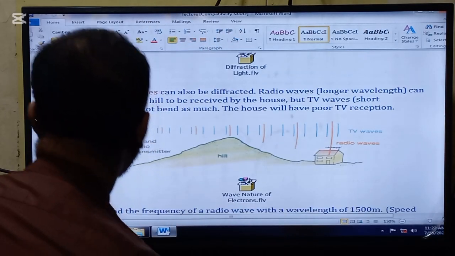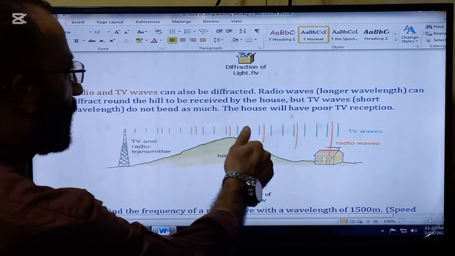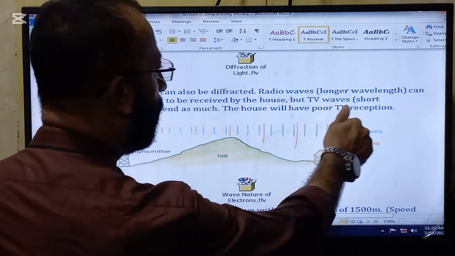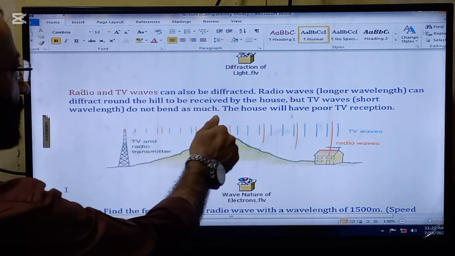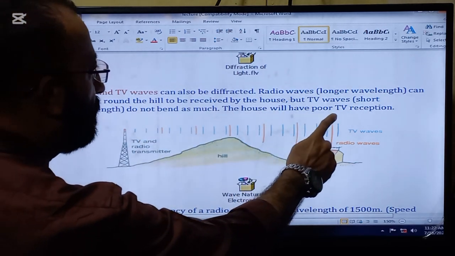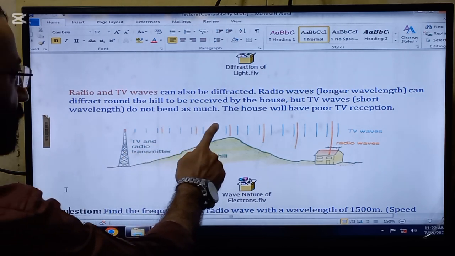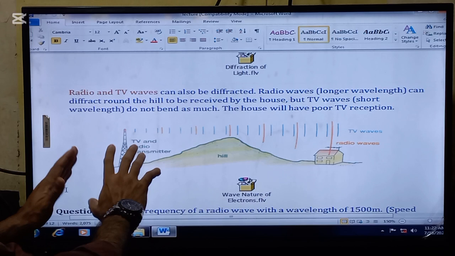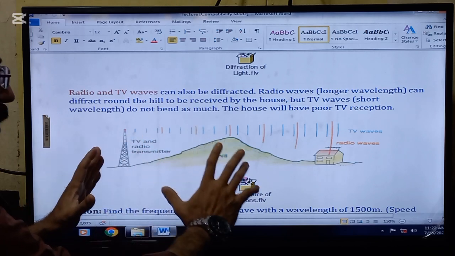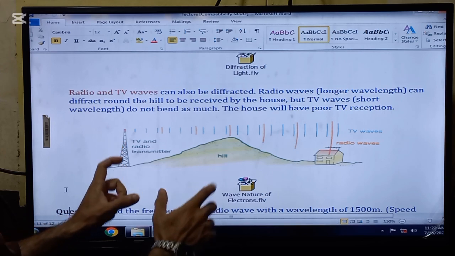Now, radio and TV waves can also be diffracted. Radio waves, with longer wavelength, can diffract round the hill to be received by the house, but TV waves, with short wavelength, do not bend as much. The house will have poor TV reception. So radio waves have longer bend, but TV waves have short bend.